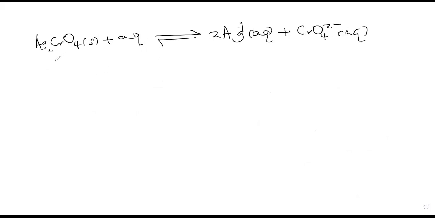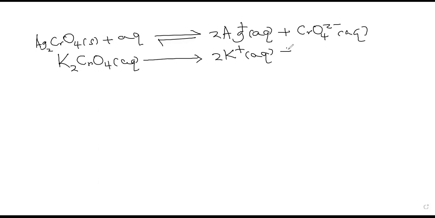So we are introducing potassium chromate, which is soluble, because you know that most of the salts of group 1 elements are soluble. So this will form potassium plus chromate again.